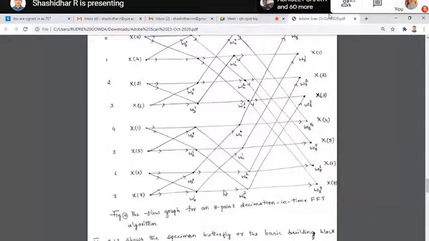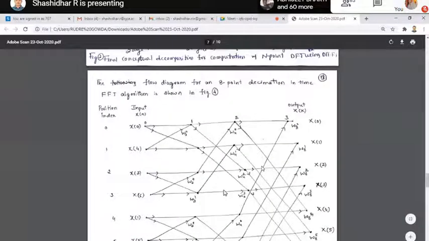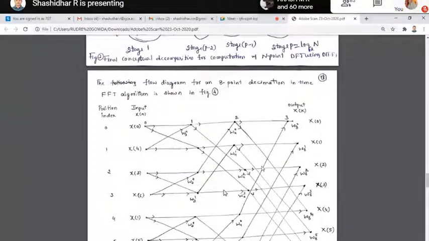Okay. So till now, what we studied are the 2-point and 4-point, right? This is for 4-point, and the next one is 8-point.